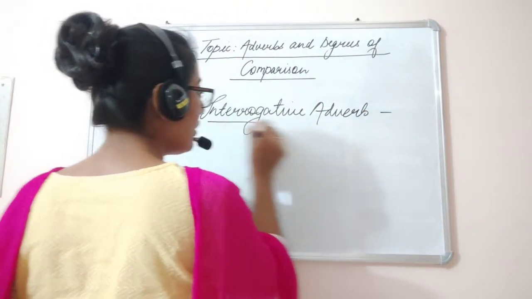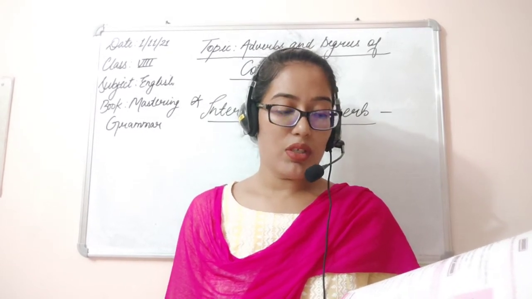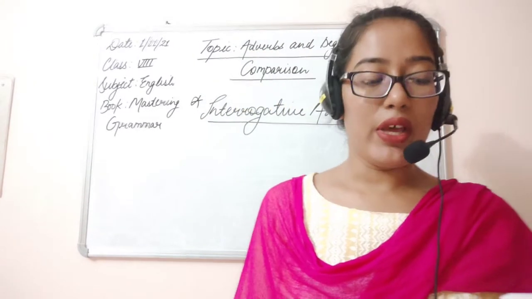Okay, so when a question is asked, interrogative means a question. So they are used to ask a question about time, place, manner, number, quantity, reason. Some of the examples are when, how, why.